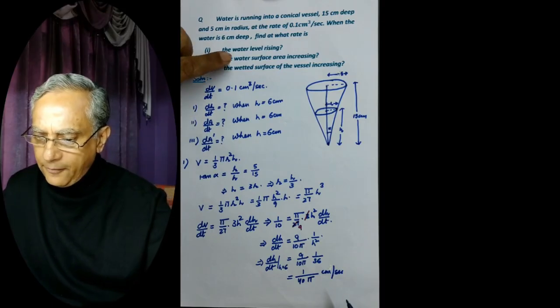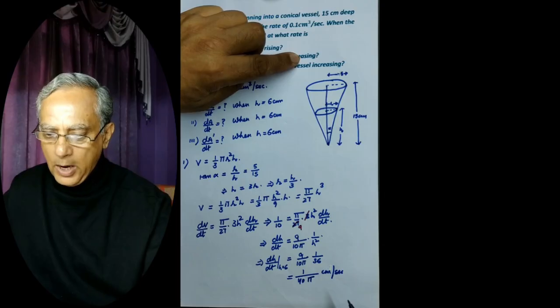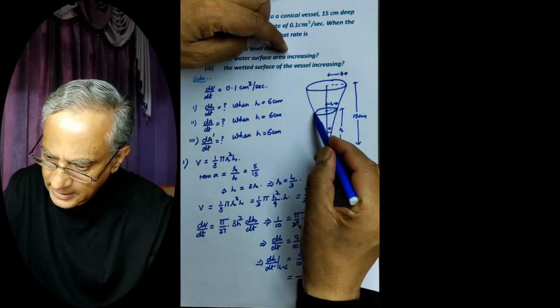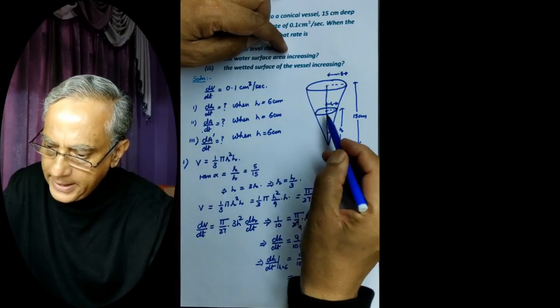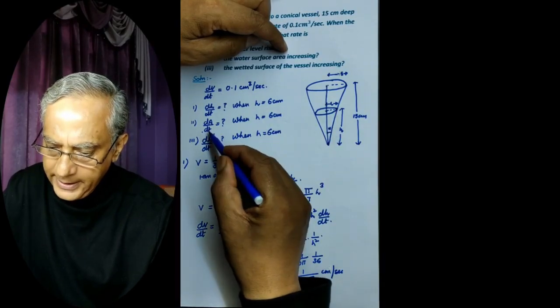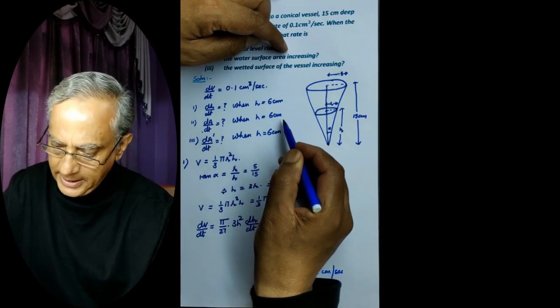The water surface area is increasing. At what rate is the water surface area increasing? Water surface area is A is equal to pi r square, and we have to find dA by dt at h is equal to 6 centimeter.